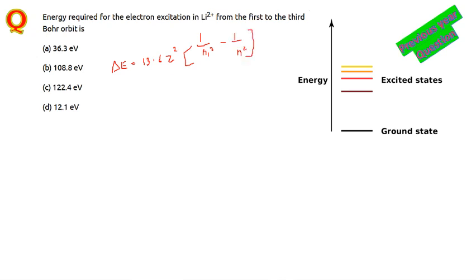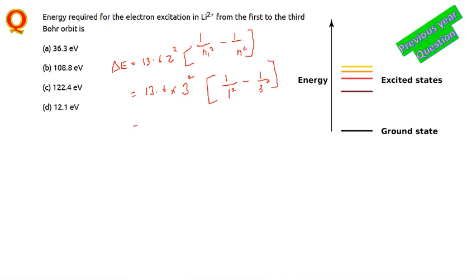Now the lithium atomic number here is 3, hope you know this, so Z square is 3 square. It is moving from first to third orbit, so n1 equal to 1 and n2 equal to 3, that is 1 by n1 square minus 1 by n2 square, here is 3 square.